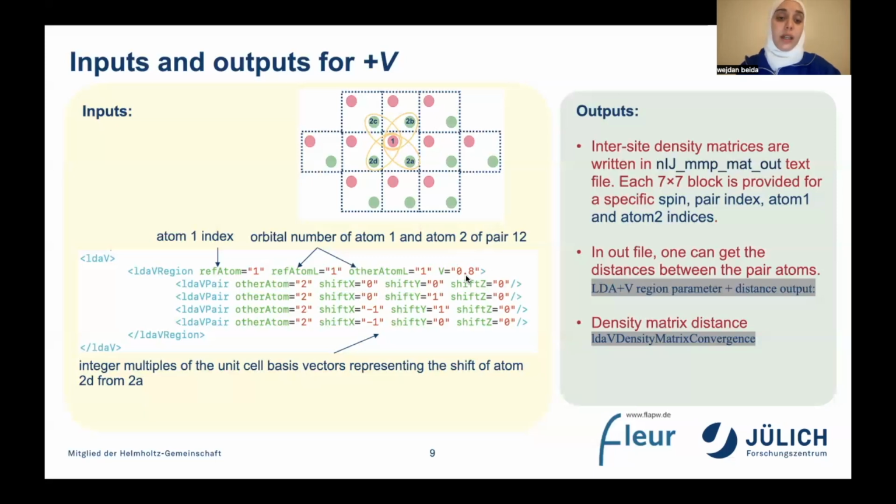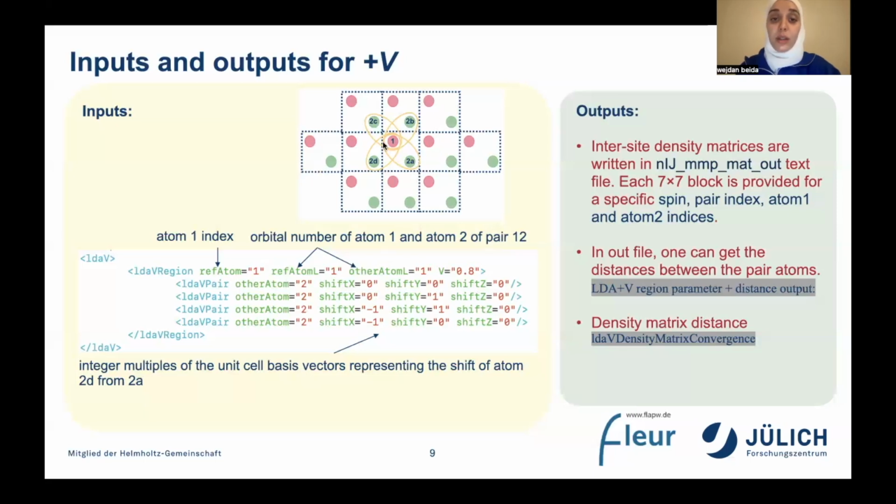Now we are left with specifying the position of these 4 atoms. For each green atom, we need to specify its position by providing the integer multiples of the unit cell basis vector in the x, y, z directions. This represents the shift of the atom relative to its equivalent in the first unit cell.